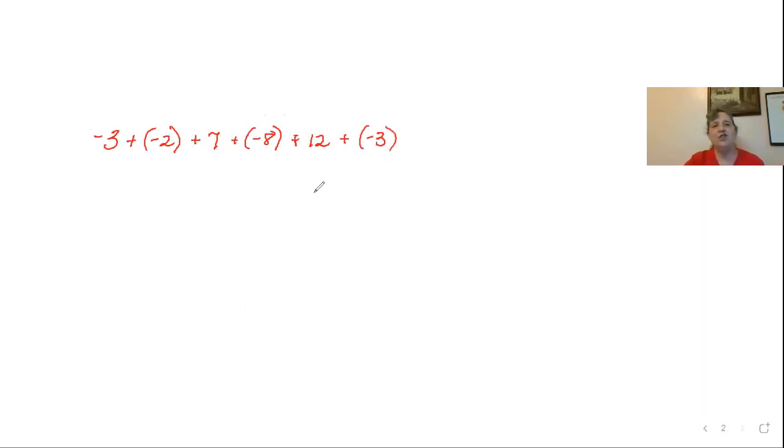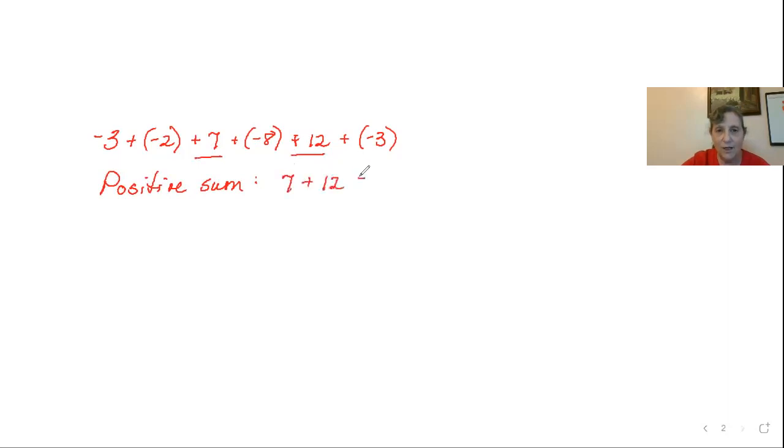Instead of constantly changing the direction and deciding whether to add these or subtract these, the easiest thing by far to do is to get your positive sum. Add up all your positive numbers. That would be the 7 and the 12.